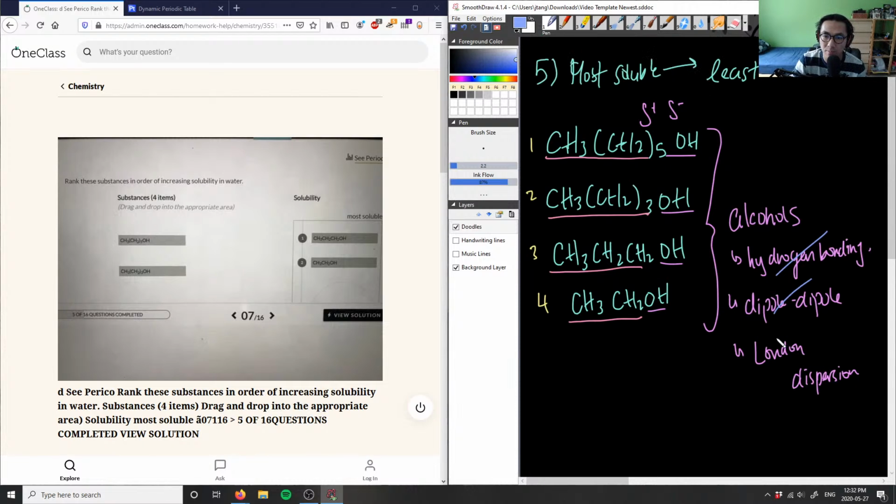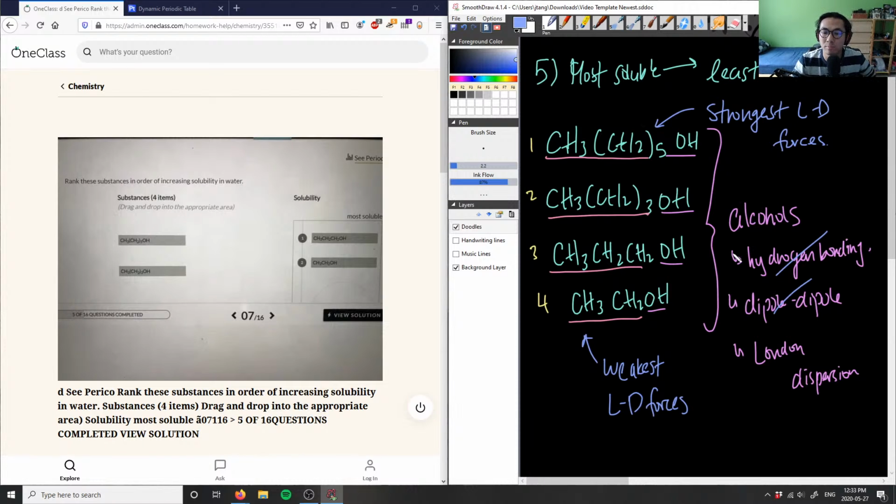Number 4 has the weakest London dispersion forces, and number 1 has the largest, because it has a longer alkane chain. This one has a 5 chain, so it has the strongest LD forces.